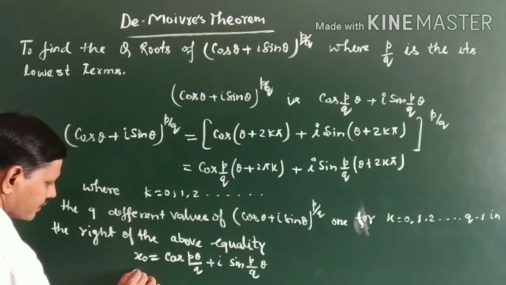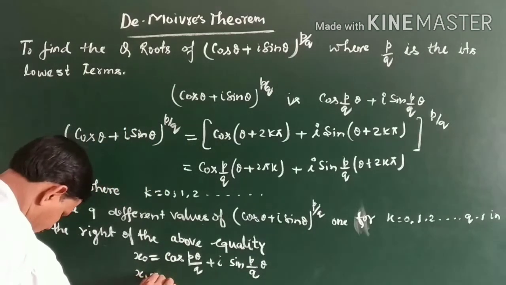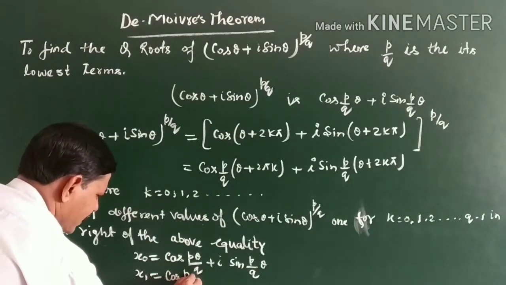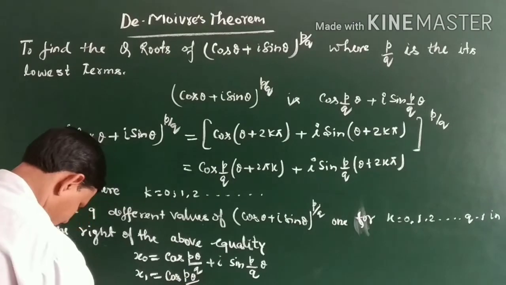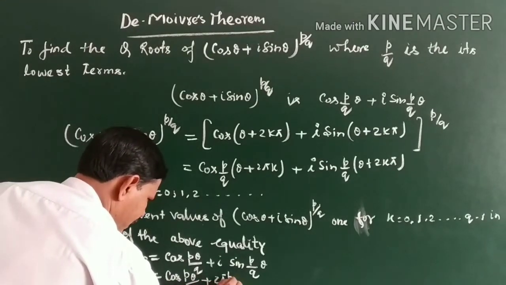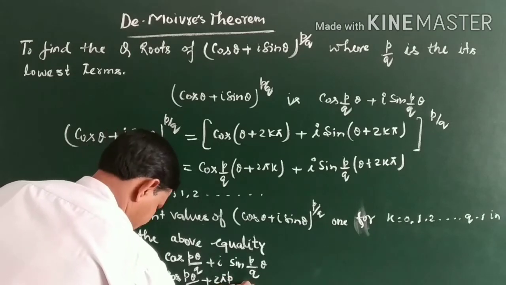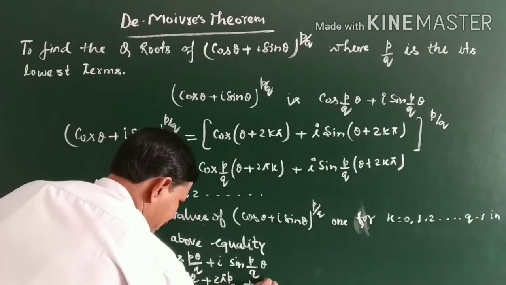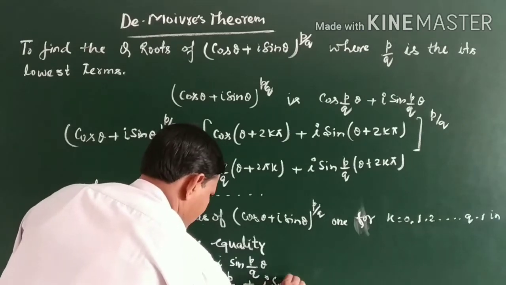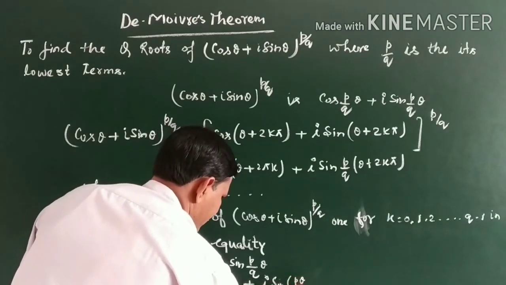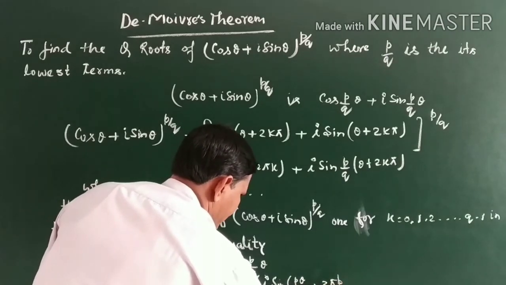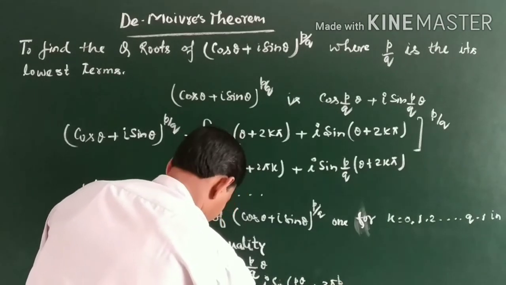x1 is equal to cos (p theta upon q plus 2 pi p by q) plus I sin (p theta upon q plus 2 pi p by q).